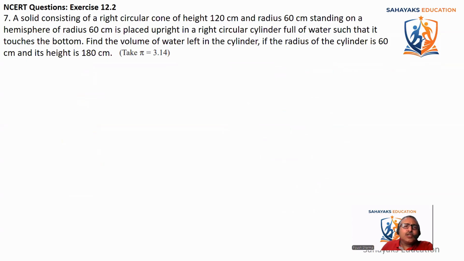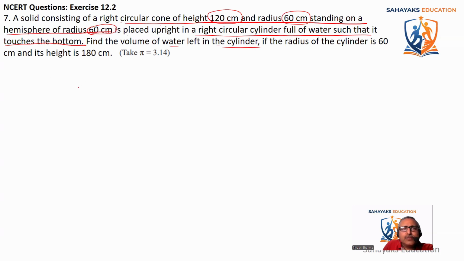A solid consisting of right circular cone of height 120 centimeter and radius 60 centimeters standing on a hemisphere of radius 60 centimeter is placed upright in a circular cylinder full of water such that it touches the bottom. Find the volume of the water left in the cylinder.